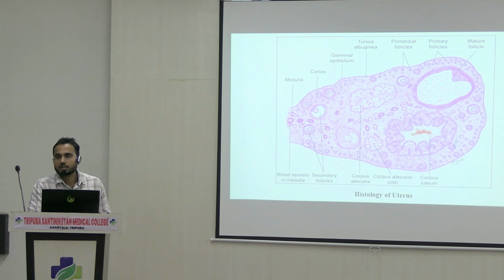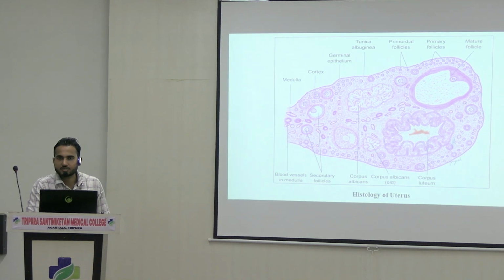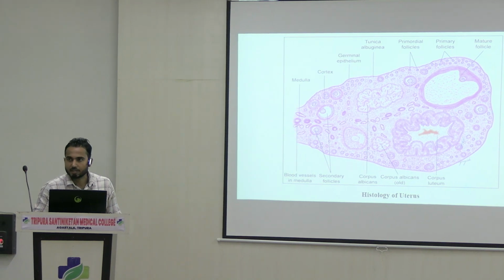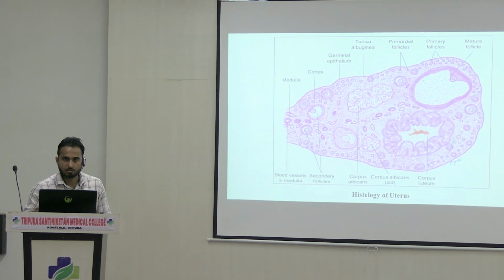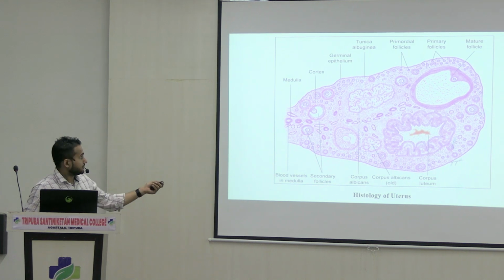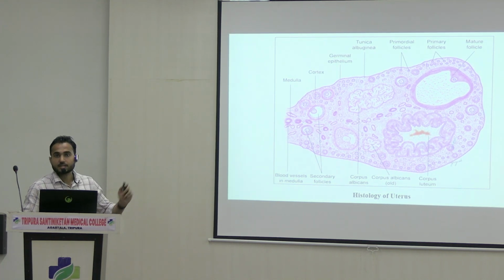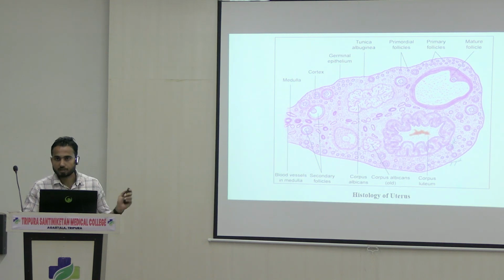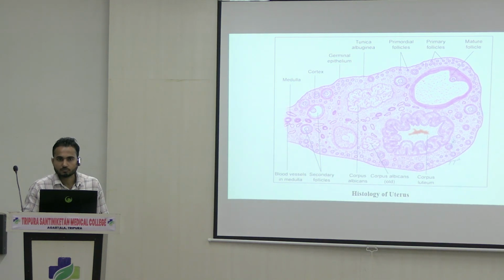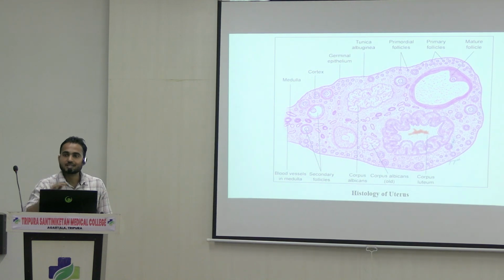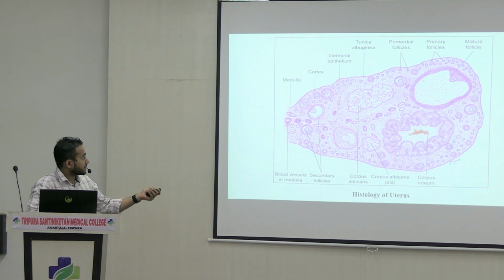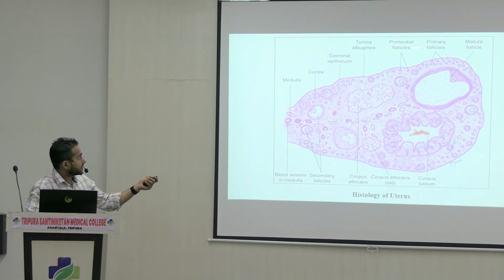Now in the medulla, mainly blood vessels, nerves, and lymphatics are entering the gland through the medulla, and in the medulla the hilum is present, and along with that hilus cells are also there. Okay, we will discuss that. But the most important thing is present in the cortex, as you can see. Okay, so what is present in the cortex? If you see the diagram, different stages of oocytes are present. Okay, as you can see, primordial follicles, primary follicles are there.